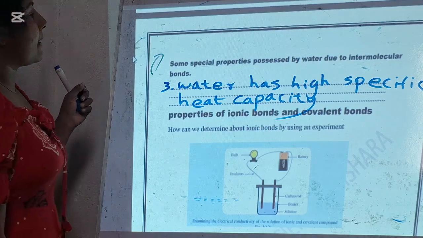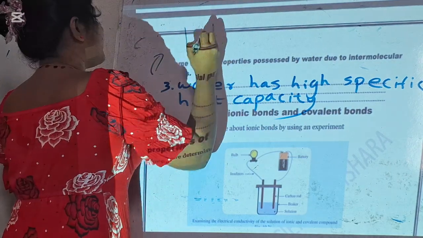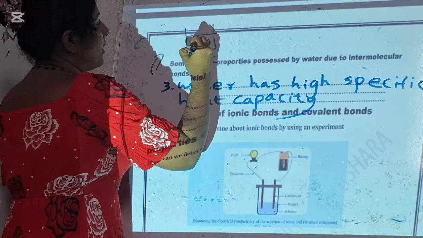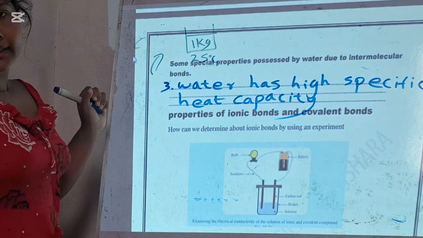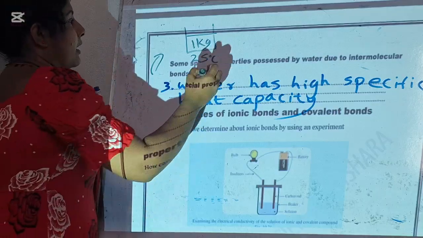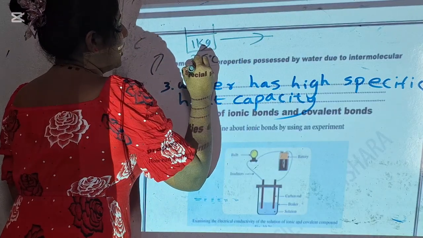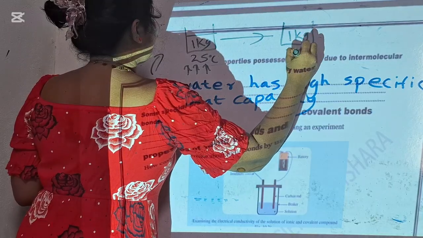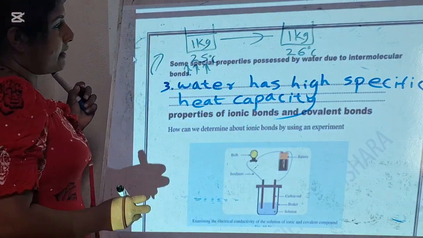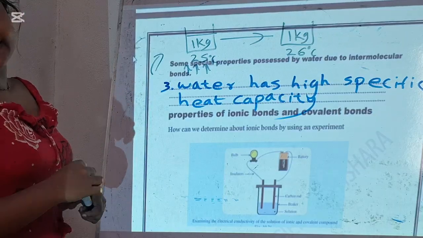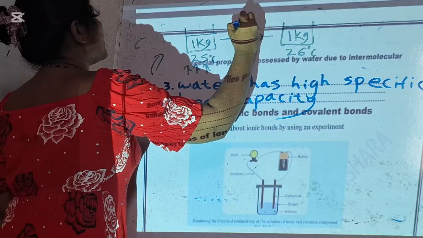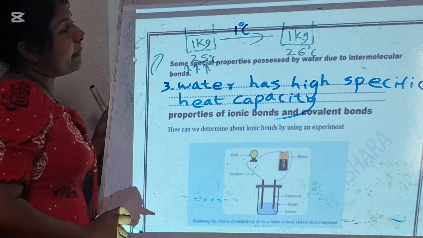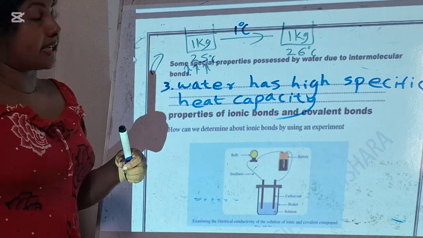මොකද්ද මෙතන කියන්නේ? If we take 25 Celsius water, 1 kilogram. දැන් ඔයාලගේ වතුර කිලෝග්‍රෑම් එකක් තියෙනවා. ඒකේ තියෙන්නේ 25 Celsius. If you provide heat for that to become 1 kilogram of water at 26 Celsius, it means only 1 Celsius you need to increase in the water. එහෙනම් අපි බලමු මොකද්ද මේ high specific heat capacity කියන්නේ.